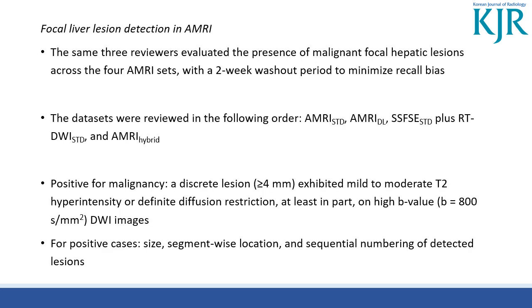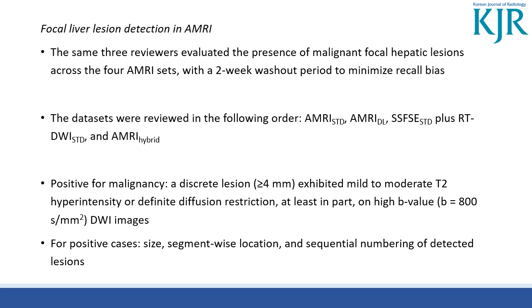The same 3 reviewers evaluated the presence of malignant focal hepatic lesions across the 4 AMRI sets with a 2-week washout period to minimize recall bias. The datasets were reviewed in the following order.